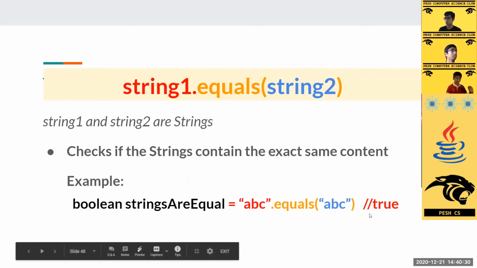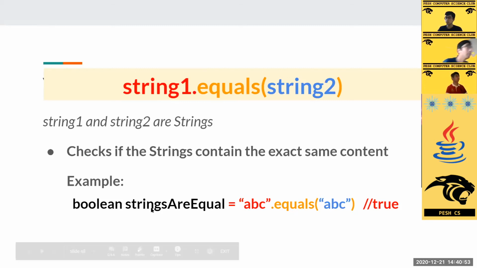This is true, it will evaluate to true, and you could store this into a Boolean. So here we have our Boolean, strings are equal, is equal to whether this is true or false. If Java cannot say that this is true or false, you're going to get an error, because you can't store a value that is not true or false into a Boolean.